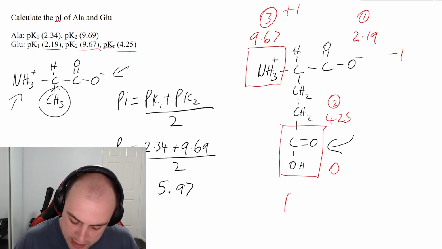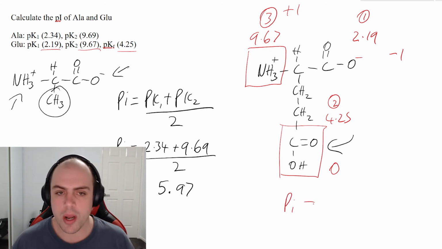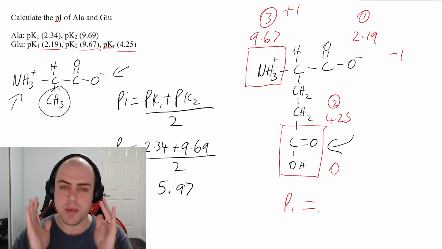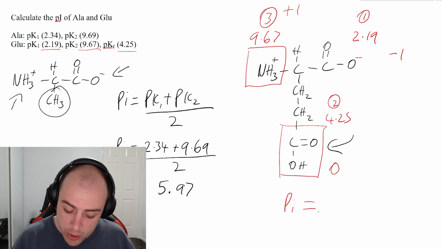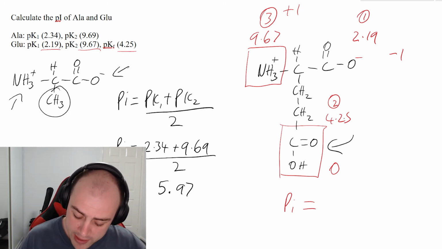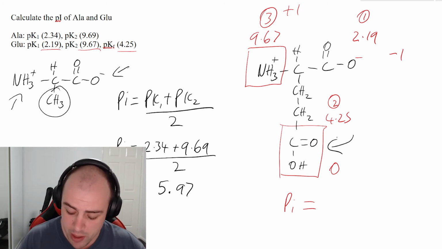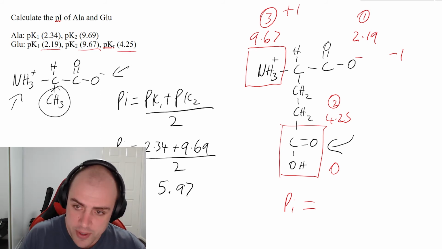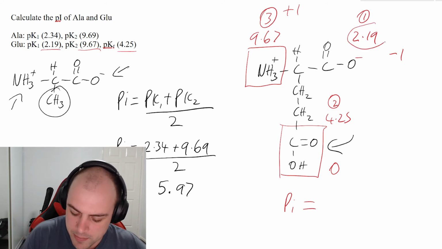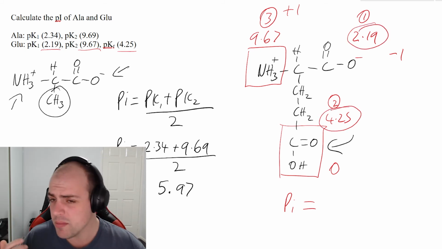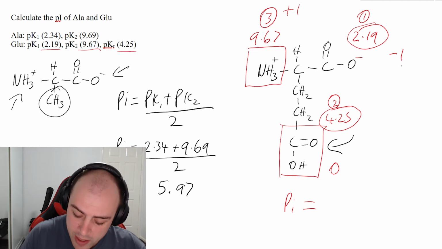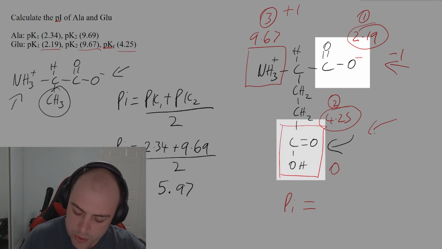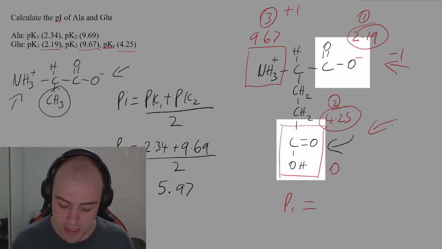So to calculate the isoelectric point, what I want to do is take the pH in which I know it's going to be neutral. So looking at this, in order for the next group here to lose a hydrogen will be around 4.25. So what I need to do then is take the average of this one and this one. Why? Because I know the isoelectric point is being controlled by whether this group or this group is protonated or deprotonated.